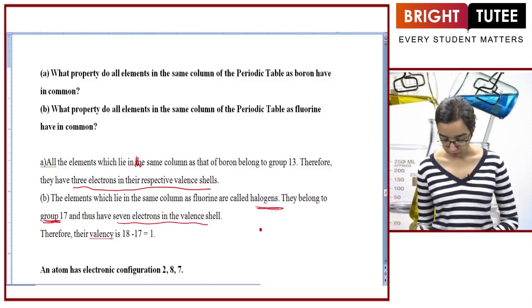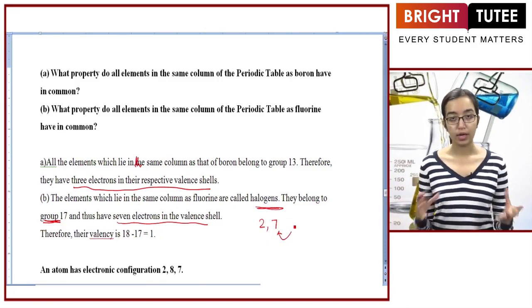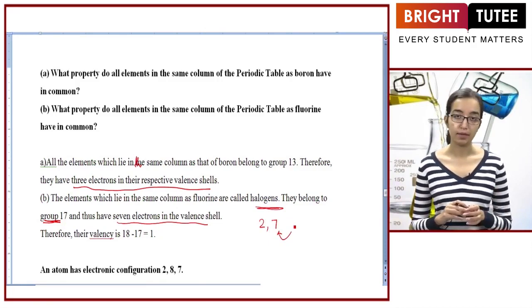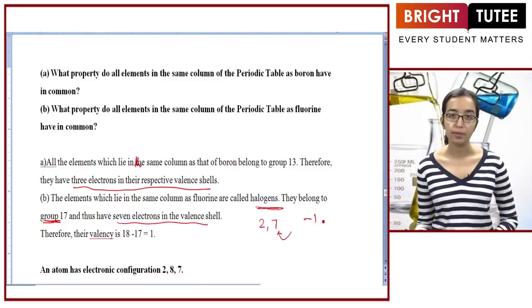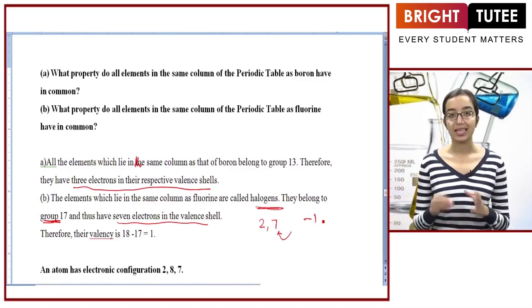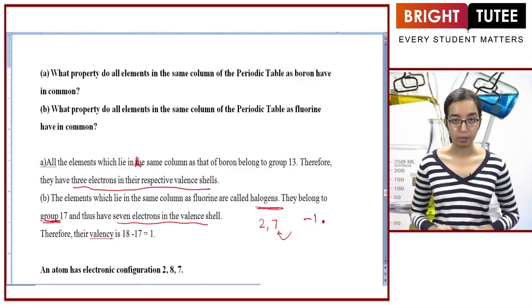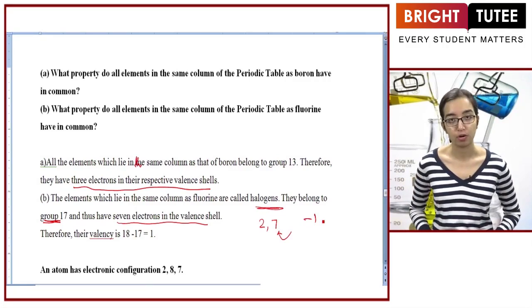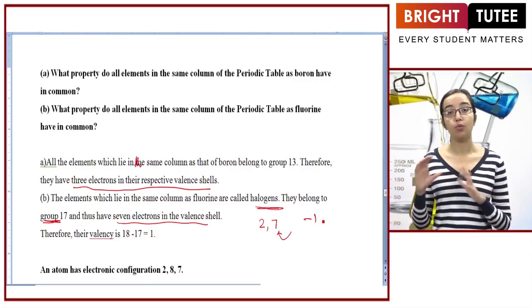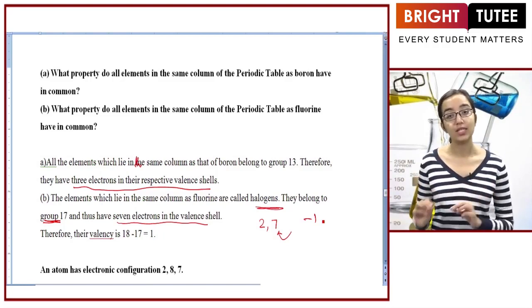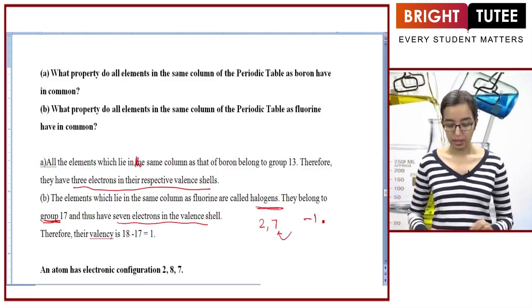So fluorine has configuration of 2, 7. It needs to gain 1 electron from somewhere to get a stable octet, and that is why it has a valency of -1. So all the elements in the same column, the group, will have the same chemical properties, the same number of valence electrons, and all the elements in the same row, which is the period, would have the same number of shells.